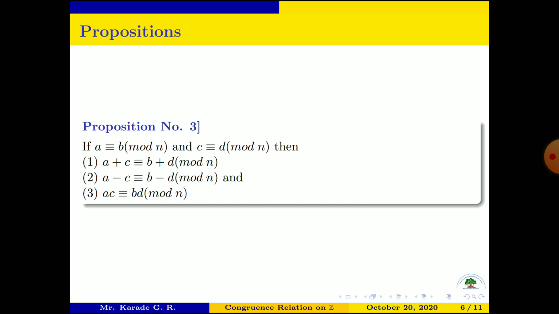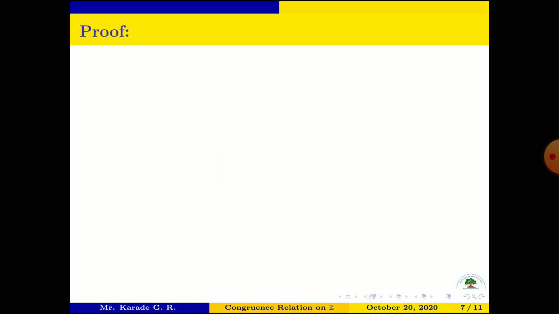So let us see the proof of first property. Here first property says that if a is congruent to b mod n and c is congruent to d mod n, then a plus c must be congruent to b plus d mod n. So let us prove this property.